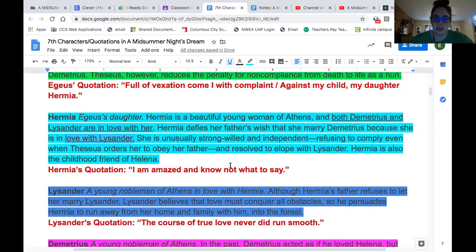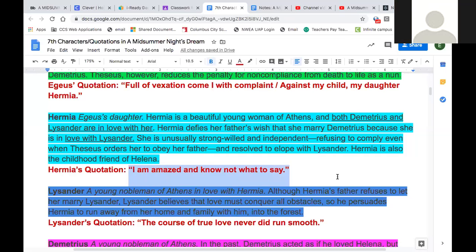She is unusually strong-willed and independent, refusing to comply even when Theseus orders her to obey her father, and resolved to elope with Lysander. So do you know what elope means? No. It means run away and get married. Hermia is also the childhood friend of Helena.